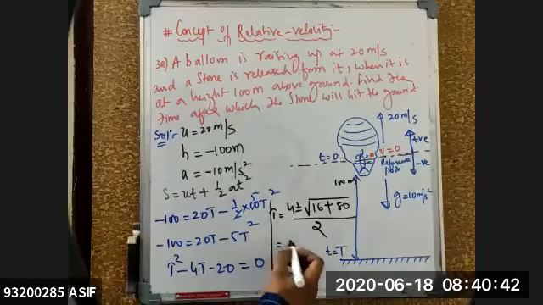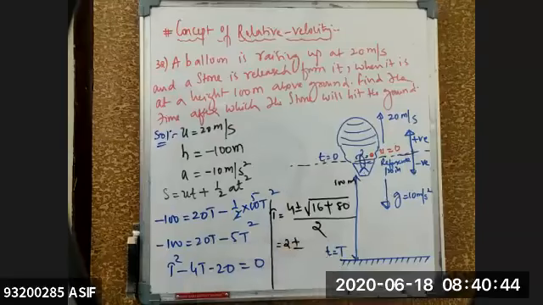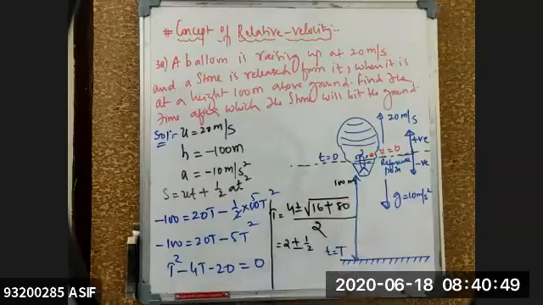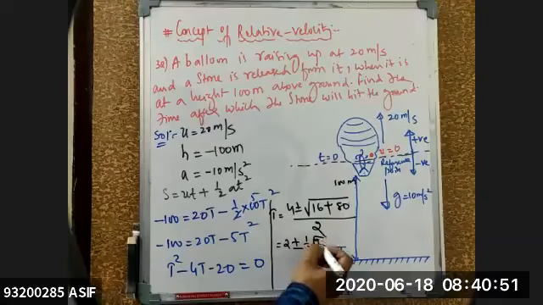Root 96, and then divided by 2 into 1. 2 ones are 2. This becomes 1 by 2, root of 16 plus 80, this is root 96.